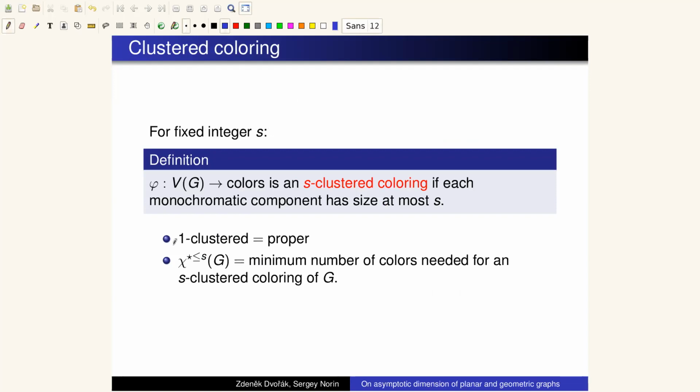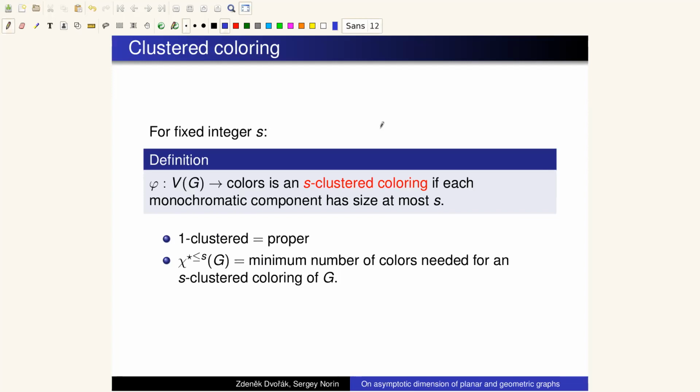So being 1-clustered means that each monochromatic component is just a single vertex, so it's just a proper coloring. But if we allow bigger clusters of colors, we can color more graphs using the same number of colors.